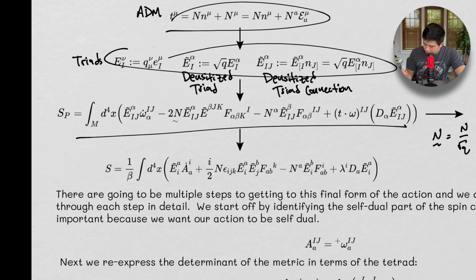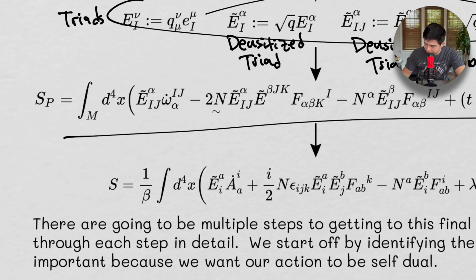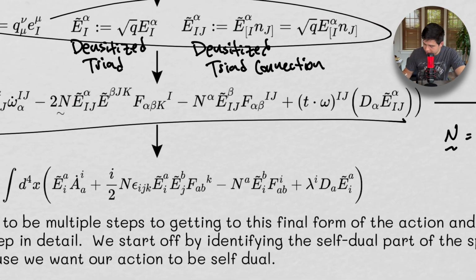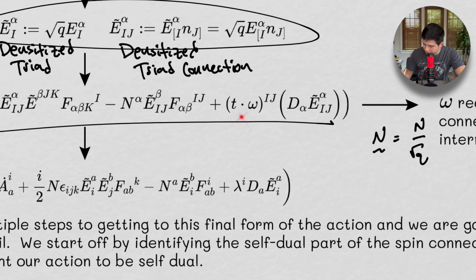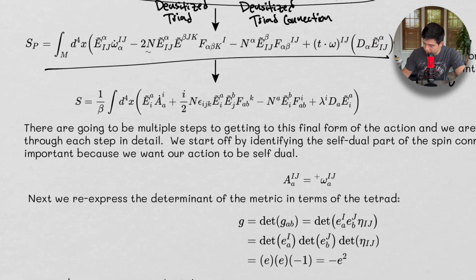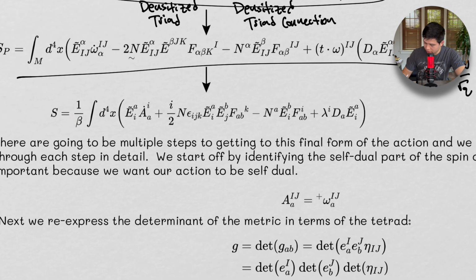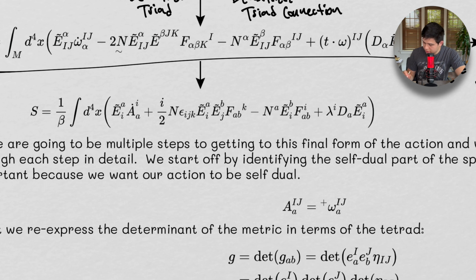And this is quite interesting, because we have our connection, we have this densitized triad connection, densitized triads squared, and we had all this stuff in here. So we're going to get to this point here. This is a constant. We'll take a look at that later. But notice here, this is quite interesting because we have A dot, that's going to be our q dot.